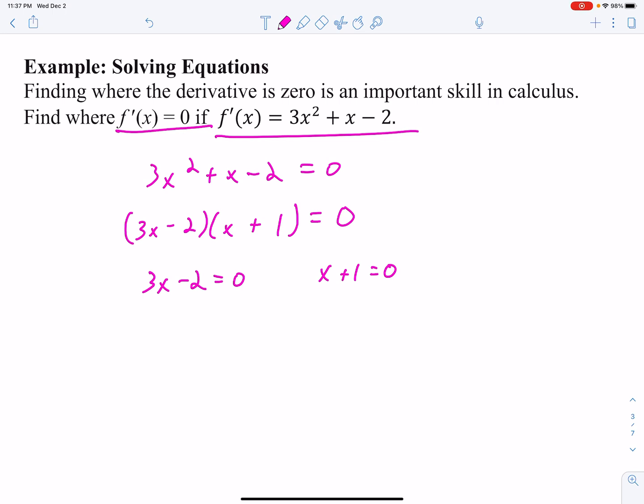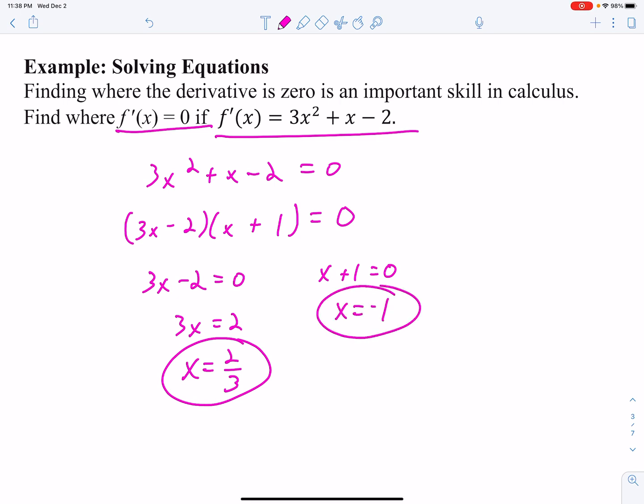Okay, so working with this one first, we'll add 2 and divide by 3. And with this one here, we'll subtract 1. And there we go.